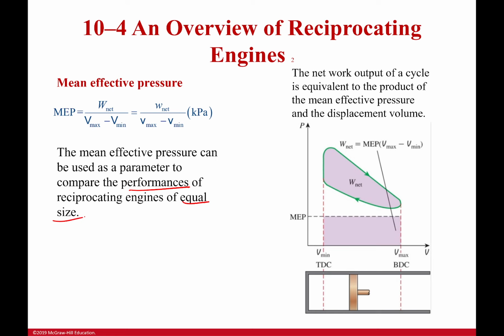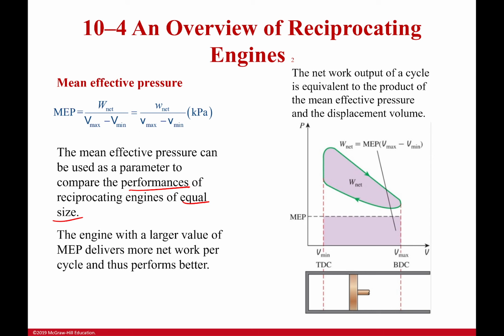It's an easy way to do it. It might be simpler than calculating efficiencies of other things. And if I have an engine with a larger value of this, so more work for less displacement, then it means it performs better. So it's just giving us another way of looking at this.